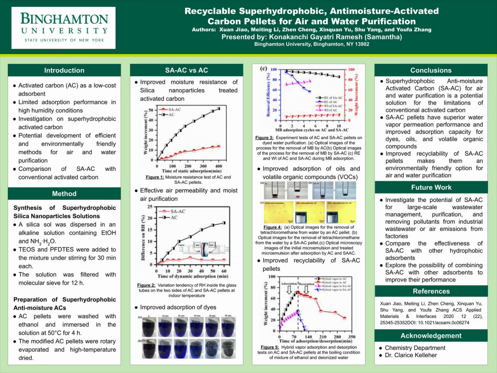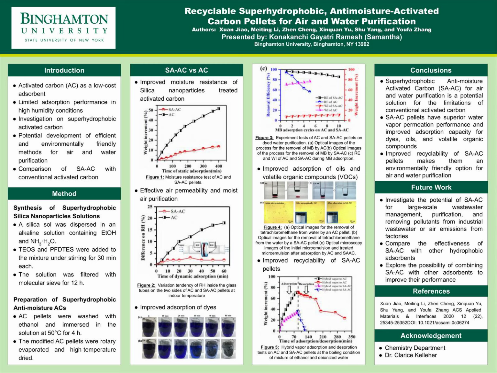The second thing I would like to talk about is air permeability and moisture purification. As you can see in figure 2, there's a setup shown in which vapor passes from one end to the other, and either an activated carbon or an SAC slit is placed in the center, and the difference in relative humidity is measured between the two sides.